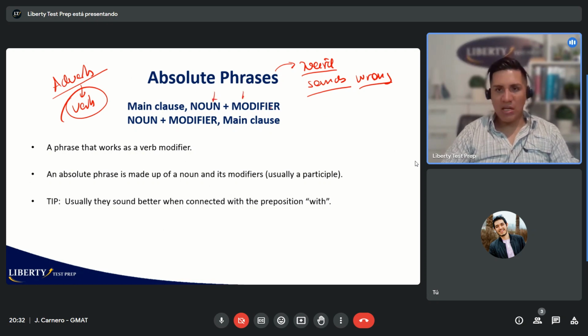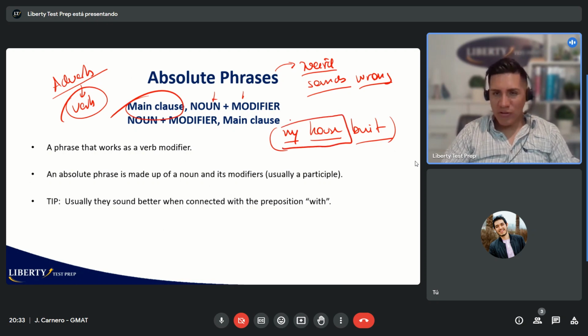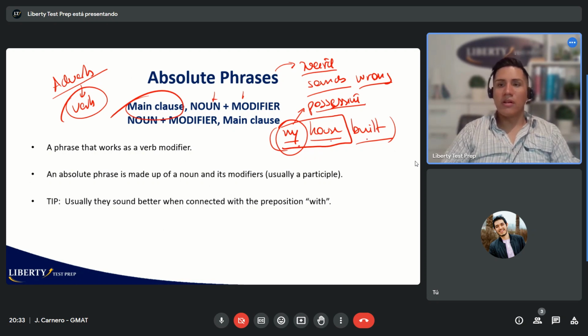If I say, for example, let's take a noun like house: my house built, noun modifier. That could be an absolute phrase. Then what we would need to check is if that makes sense with the actual verb. So the absolute phrase has this structure: a noun, and usually the noun starts with a possessive. Not always, that's not a requirement, but it often happens. Possessive, then the noun, and then here, an adjective.